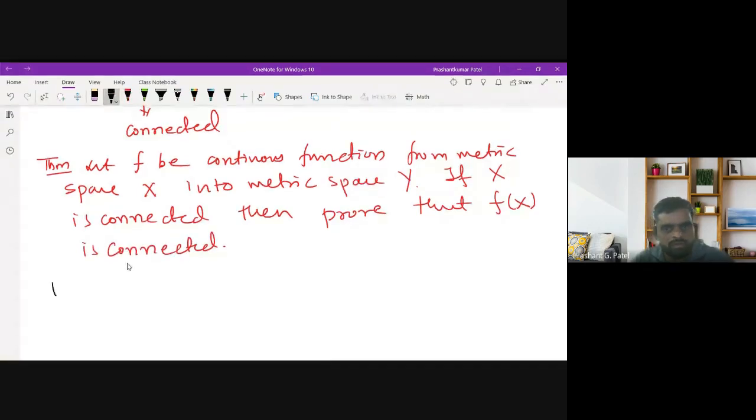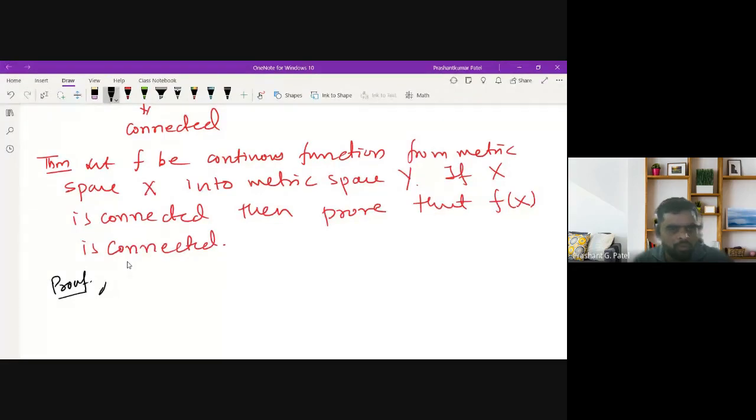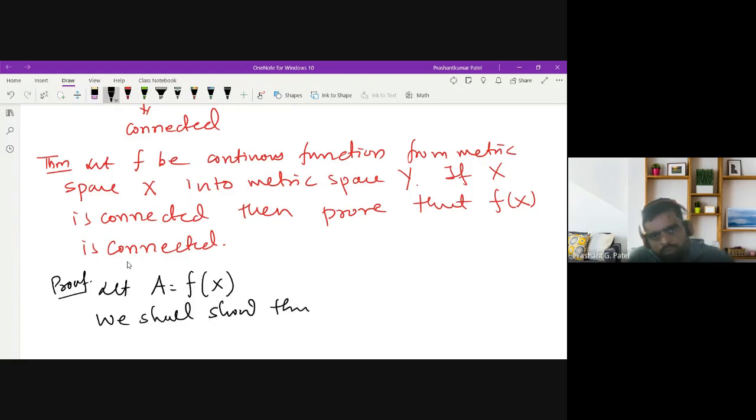Now let us have the proof. Let A be f of X, which is the range of the function f. We have to prove that A is connected. So we shall show that A is connected.